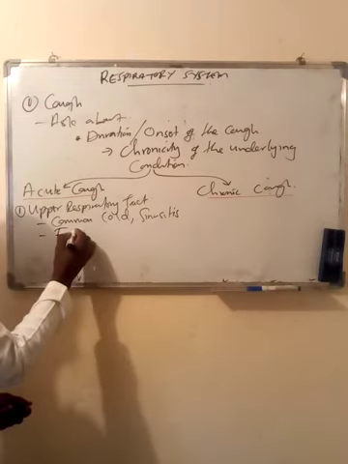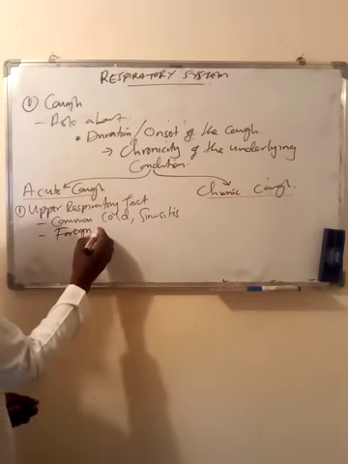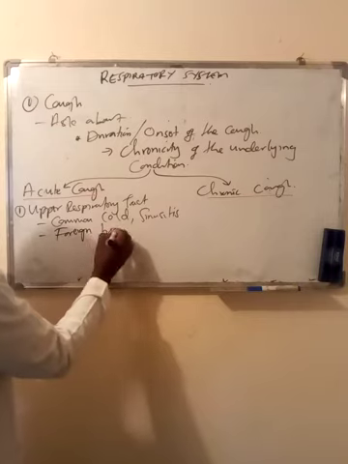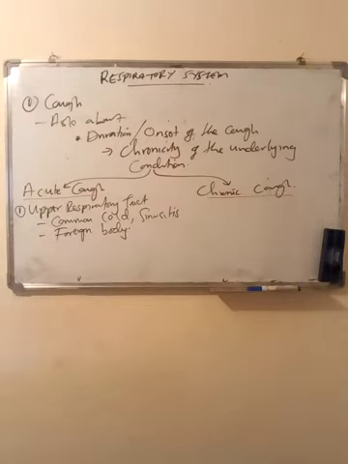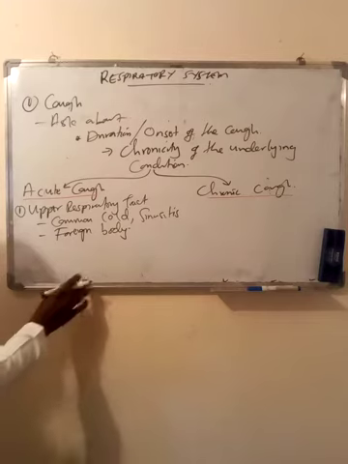Then we can also have lower respiratory tract causes. Now, what we're saying is that the common cold will not cause... By the way, let me mention this before we proceed further. Acute cough is cough that is lasting less than 3 weeks.